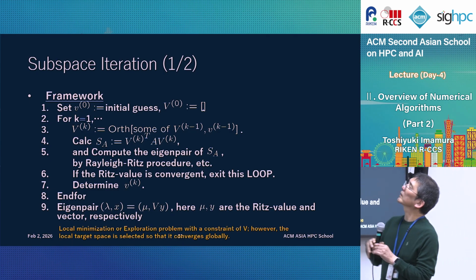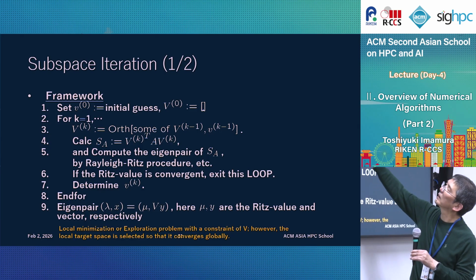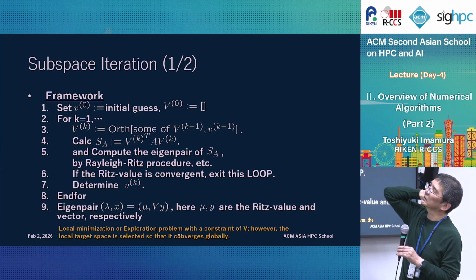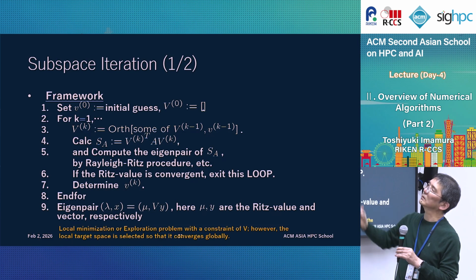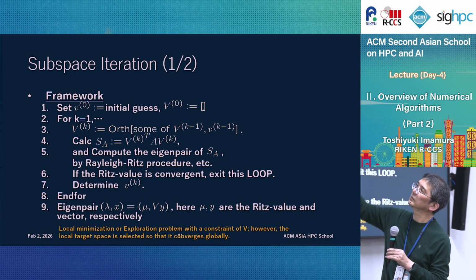Here, capital V is a kind of pool of vectors to be searched, and V0 is the initial guess.